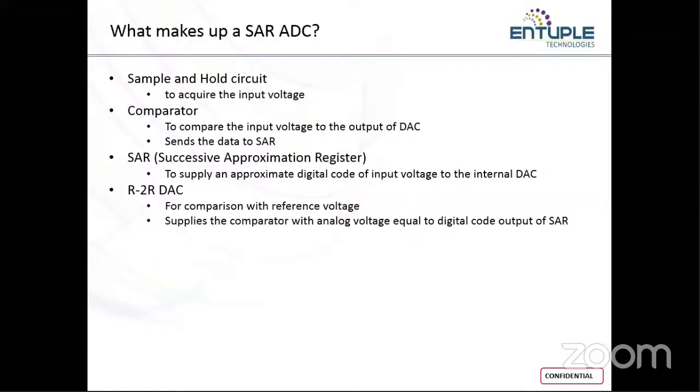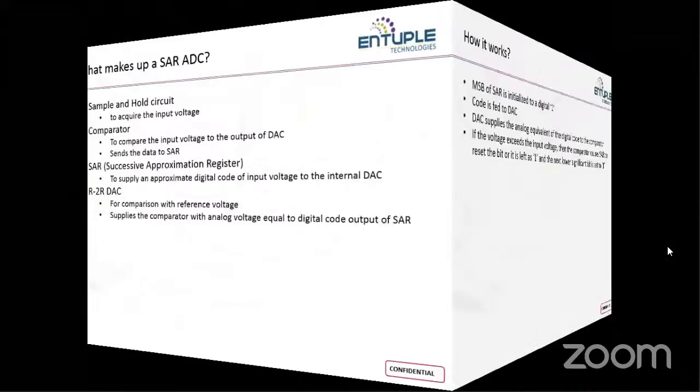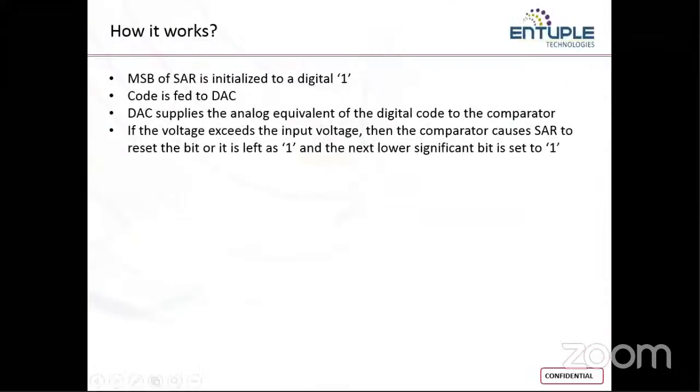And this supplies the comparator with an analog voltage equal to the digital code of the SAR, the successive approximation register. Okay, so we have already seen how it works. The MSB of the SAR is initialized to a digital 1, and the code is fed to the DAC.